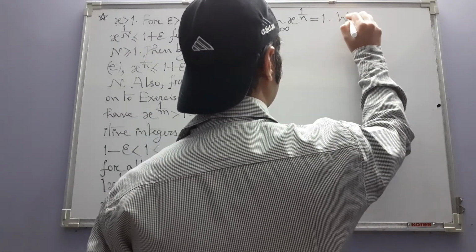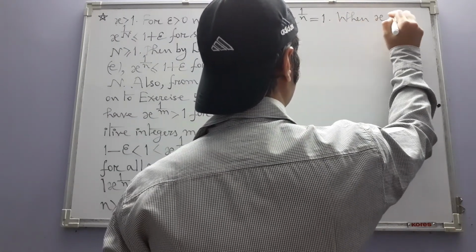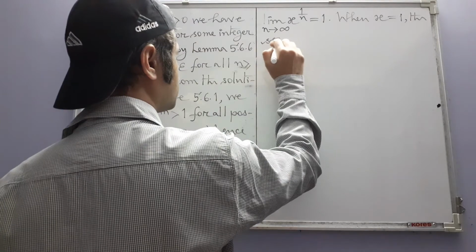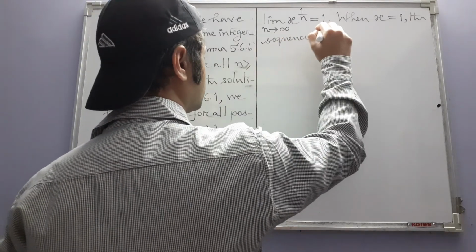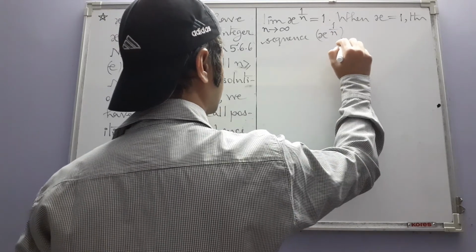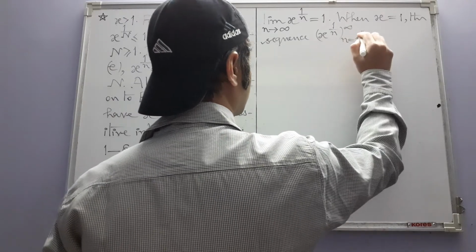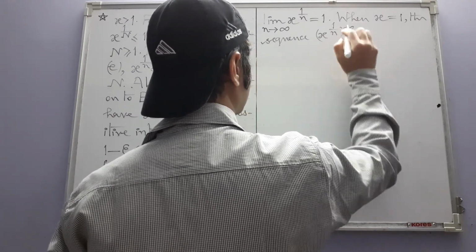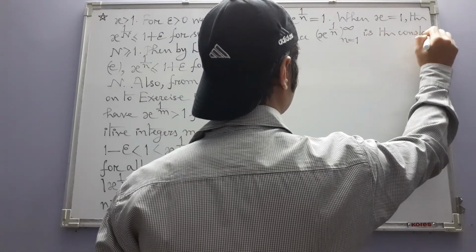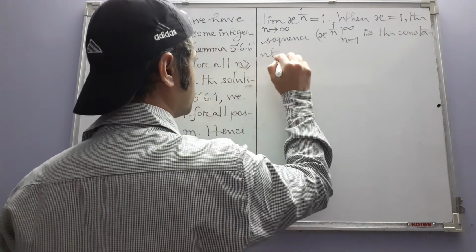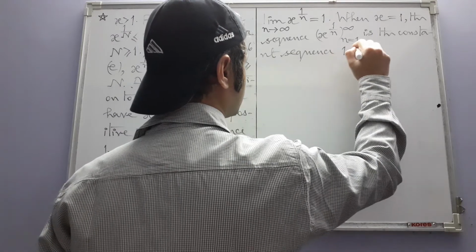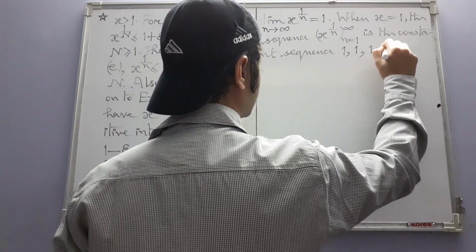When x is equal to 1, the sequence x to the power 1 over n is the constant sequence one.